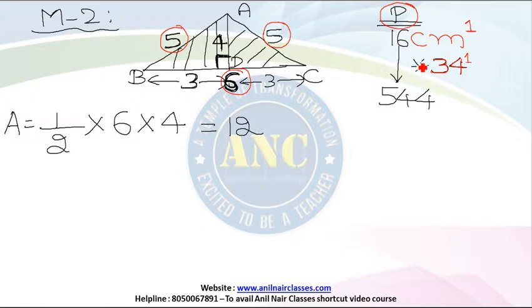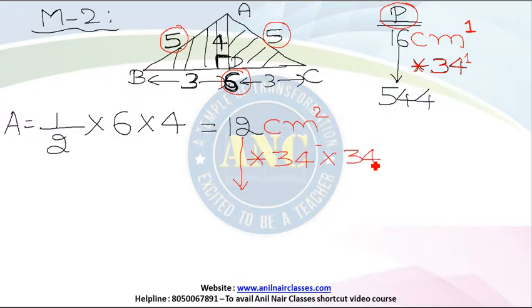But when you convert that multiplying factor of perimeter to area, area is 12 centimeter square, right? That means if you multiply by 34 power 1 for perimeter, in area you should multiply by 34 power 2, or in other words 34 into 34.